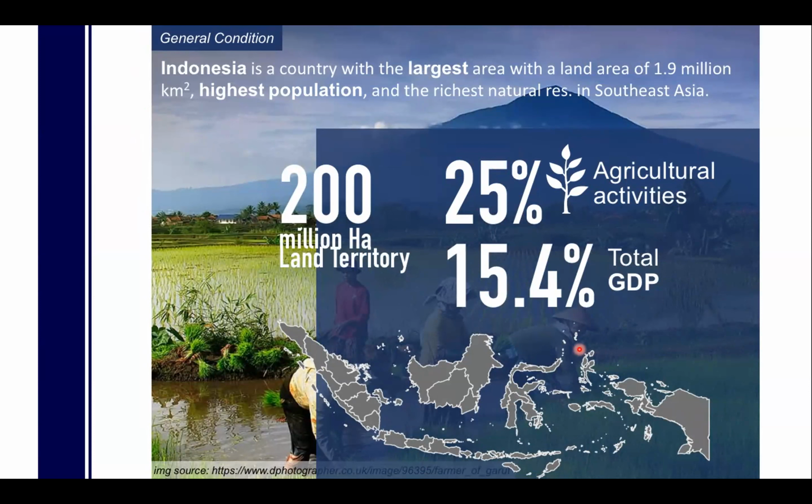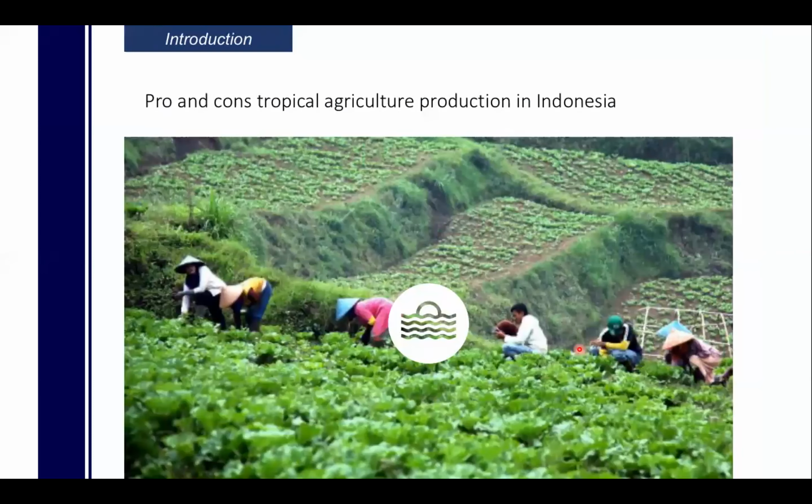But unfortunately, agriculture contributes only 15.40 to GDP, maybe number 3 or number 4 compared to industry, transportation, etc. I think our homework is how to optimize the natural and human resources in Indonesia, related to how to move from conventional to modern or smart agriculture.